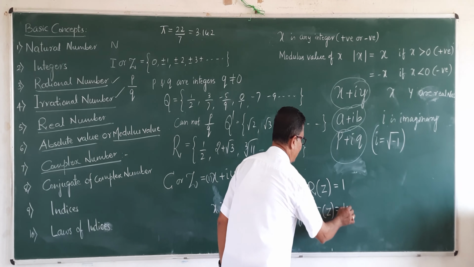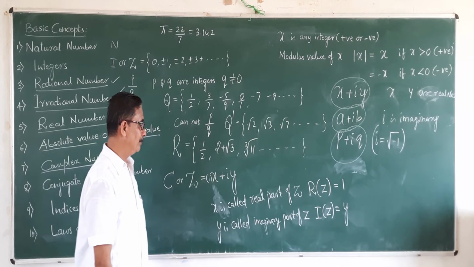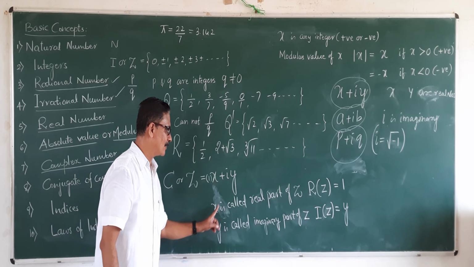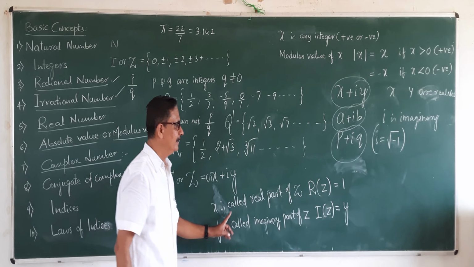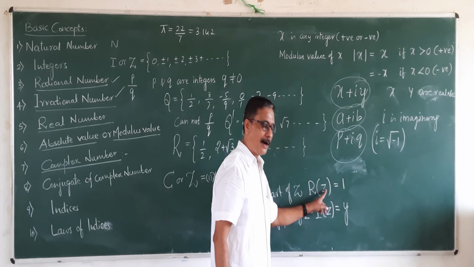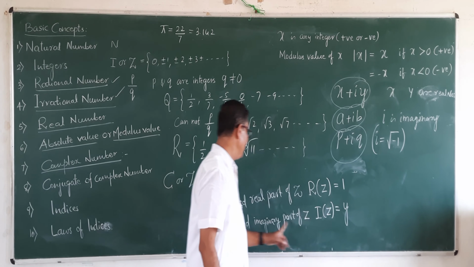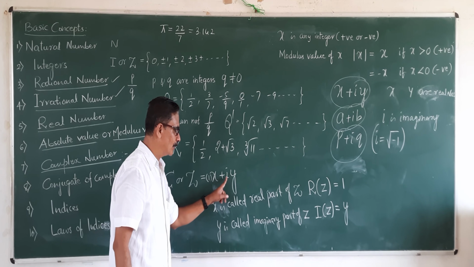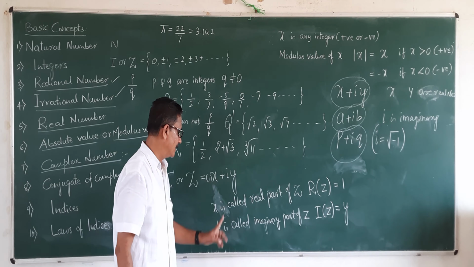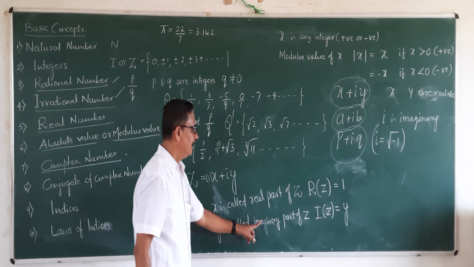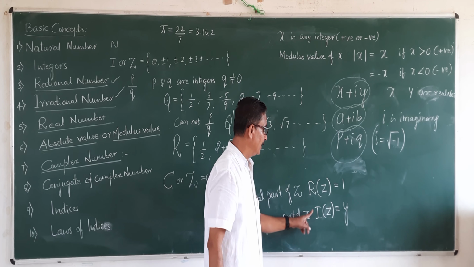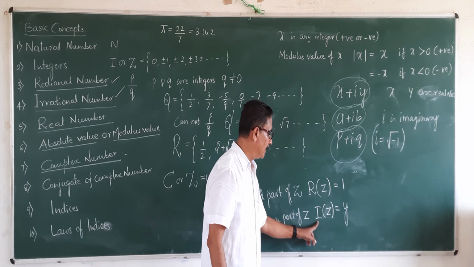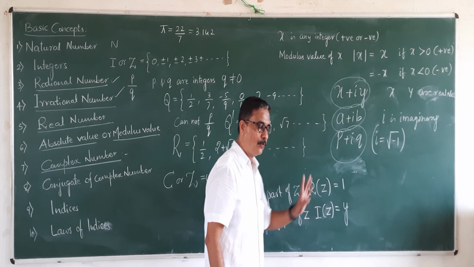What is I of z? y. Remember, here x is called real part of z which is denoted by R of z is equal to 1. y is called, coefficient of y is i. i means imaginary. So y is called imaginary part of z which is denoted by capital I of z is equal to y.